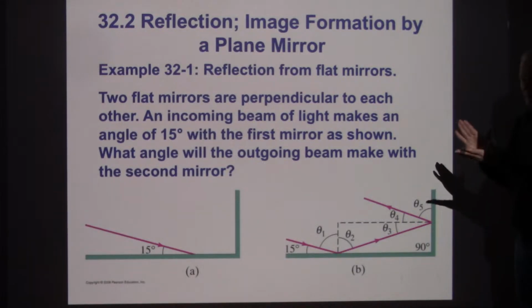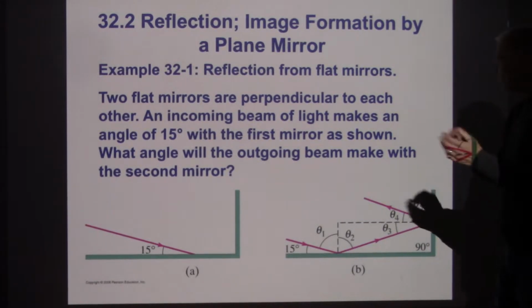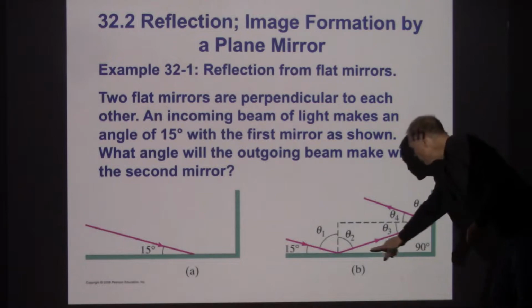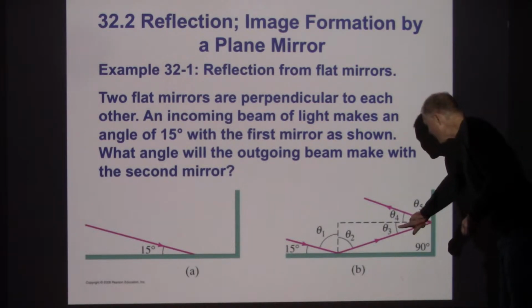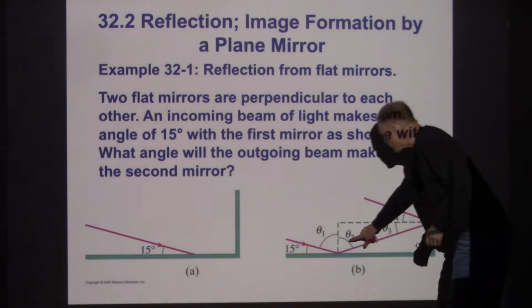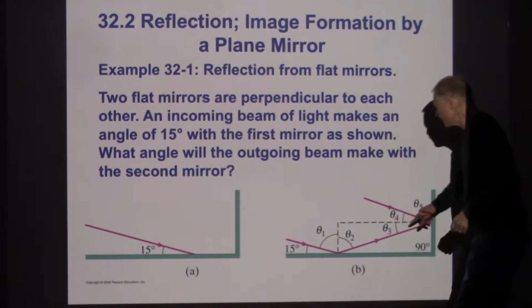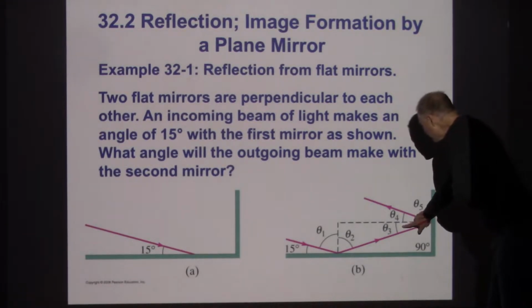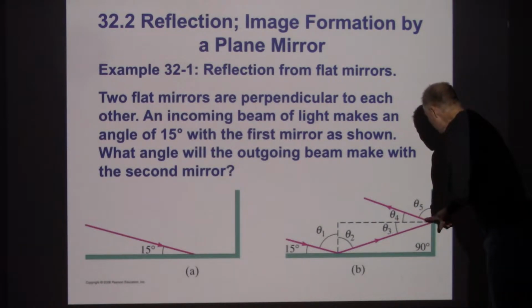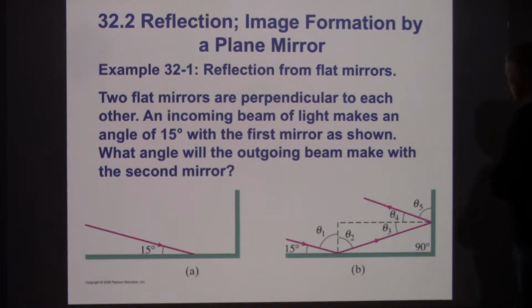This problem is we're looking specifically at something at 90 degrees. And so if this is 15, that's going to be 75, and this is going to be 15. So theta 2 and theta 3, if we work our way around all the angles, are actually complements of each other. So this is 15 and this is 15, and this is 75.